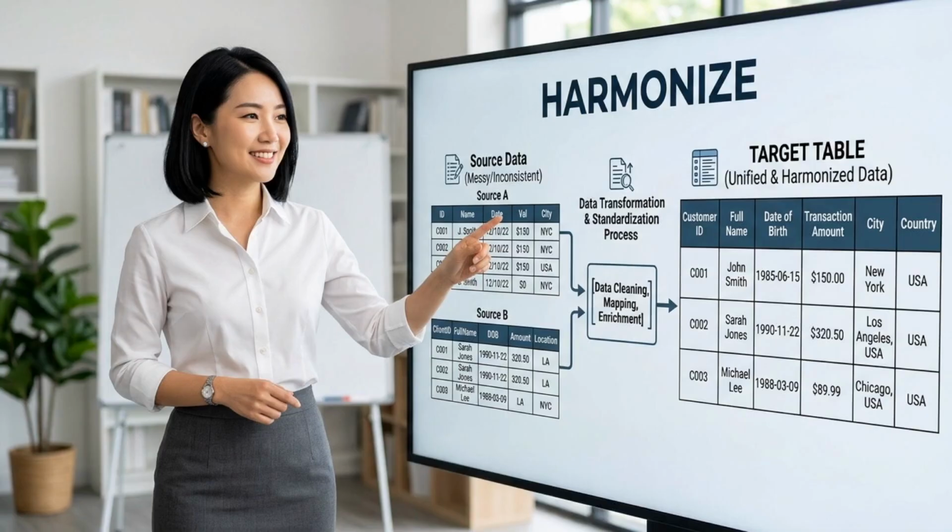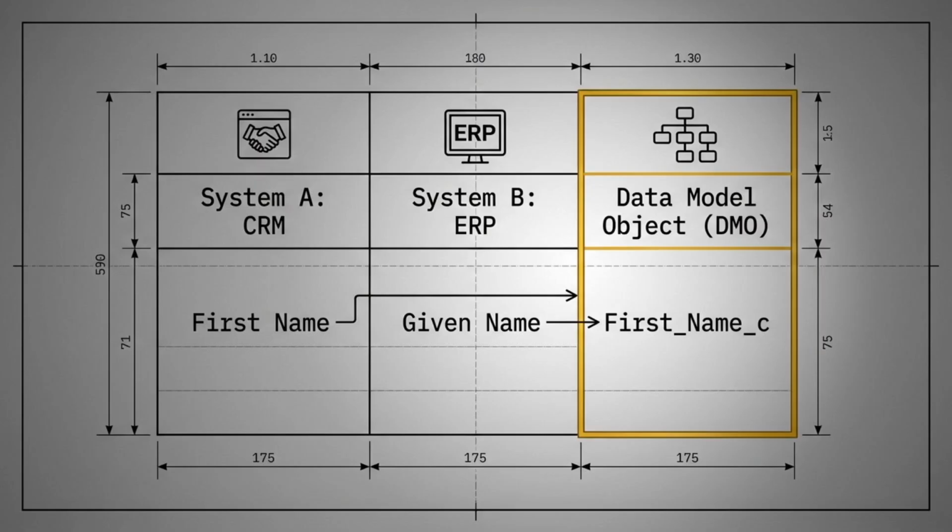Next, harmonize. This is where Data 360 begins organizing data from different systems into a more consistent structure. Because in the real world, different systems describe similar information in different ways. One system may say first name, another may say given name, and another may structure the record differently altogether.